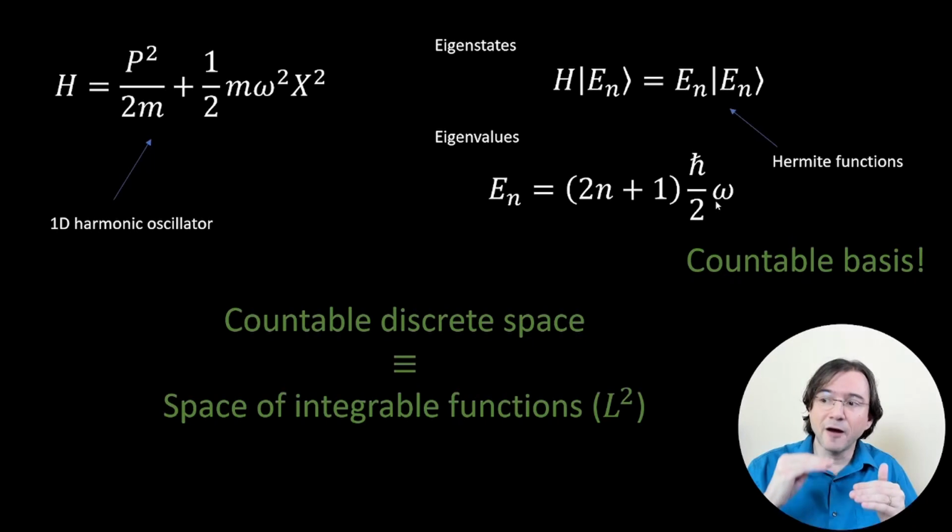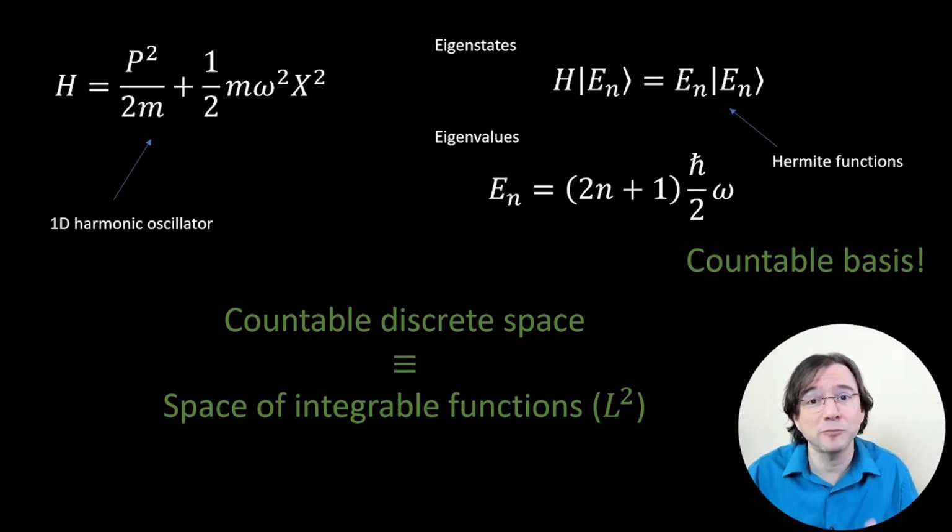And so there are countably many eigenstates of this Hamiltonian, and these are going to form a basis of the space. So the space is a countable space, so the elements of the basis are countable.